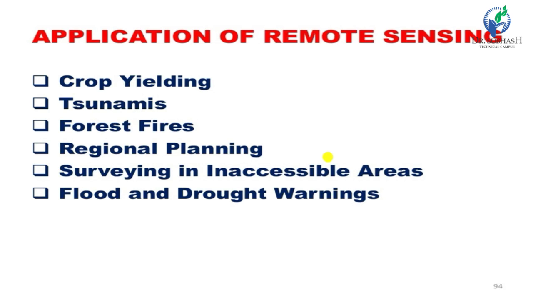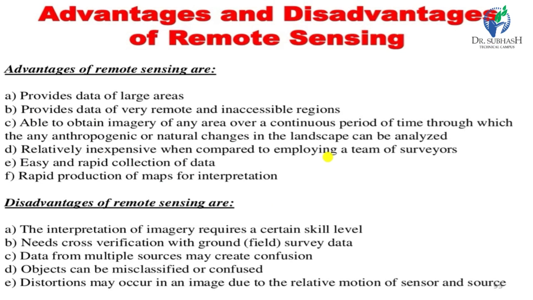For example, finding the height and different features of mountains is very difficult for land surveying equipment, but with remote sensing it is a much easier and more effective way. Flood and drought warning is also a very important application of remote sensing.